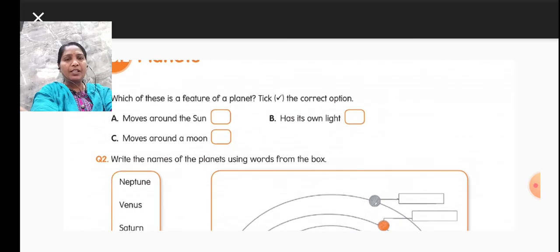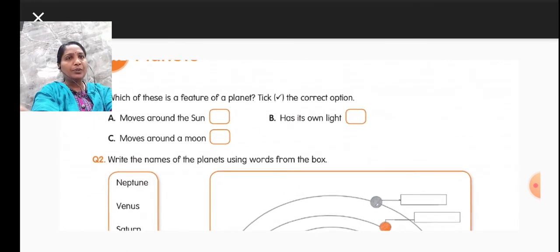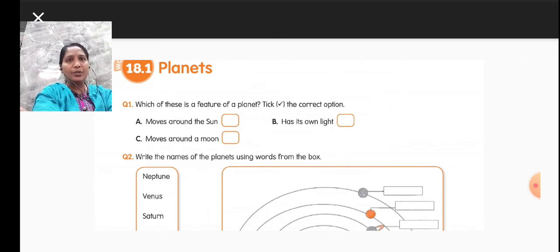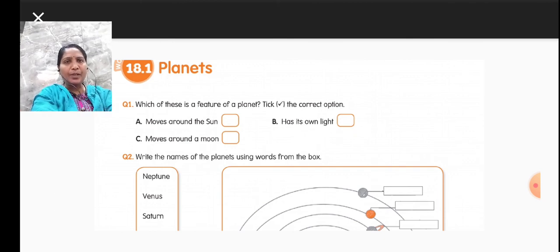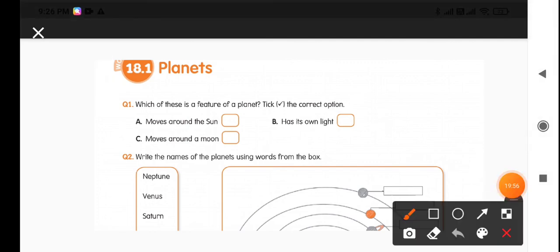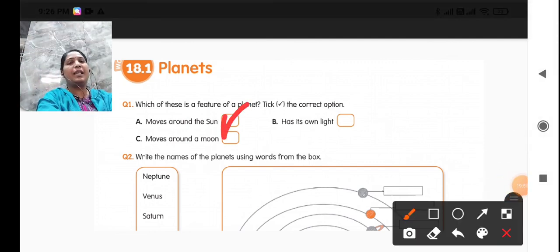Move around the sun, or move around the moon, or has its own light? When it has its own light, can you say it's a planet? No, you could not say. And when they move around the moon, it's not. Obviously, the planets are not moving around the moon, they are moving around the sun. So the correct answer is the first one, A.